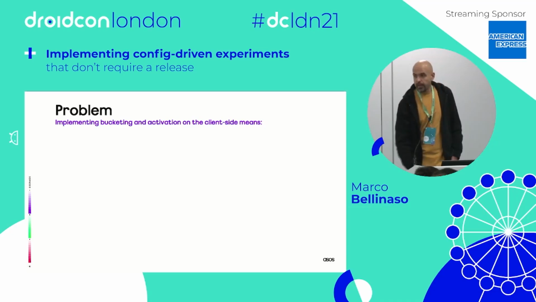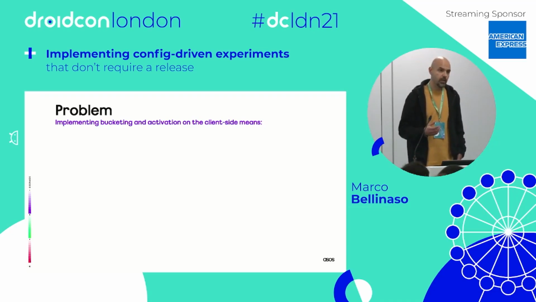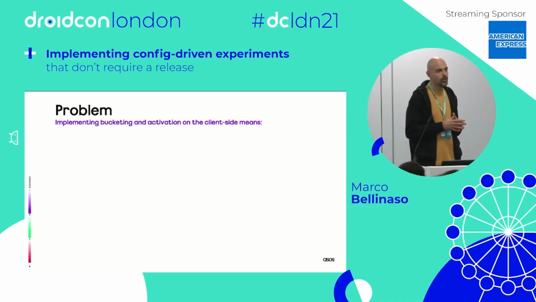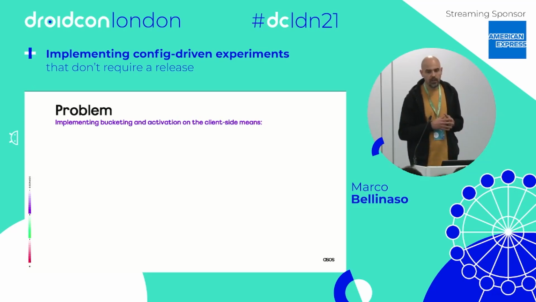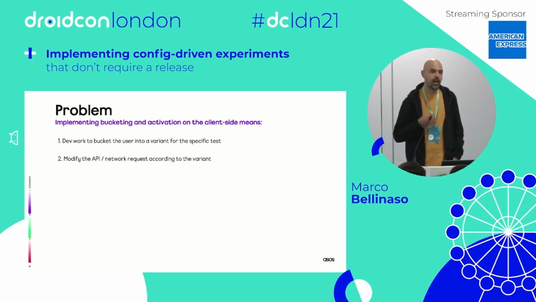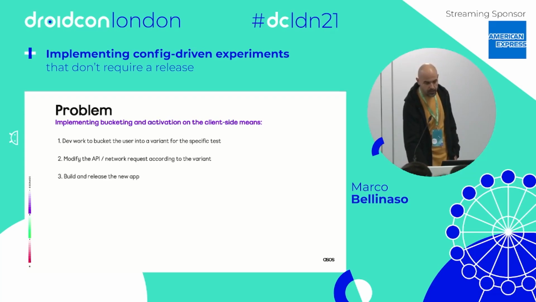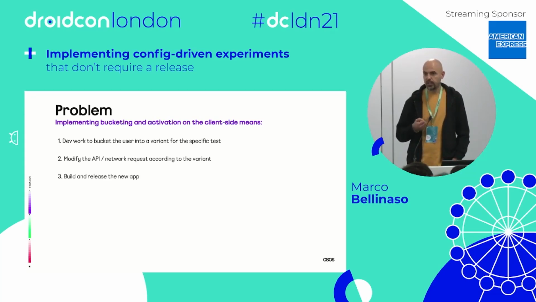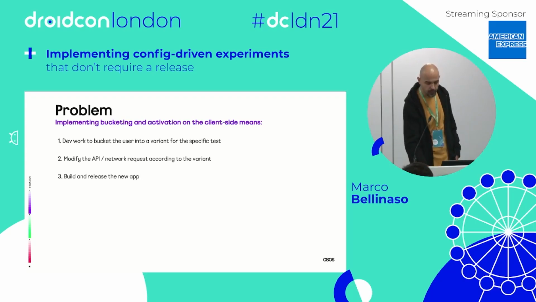So this approach is interesting because we've got to do little work on the client, and most of the work to change the content that the users are going to see is on the back end. However, there is still work to do on the client for every experiment, which is the bucketing logic again, and changing the URL of an API request just before the request is made, and you still have to package the change into a new build, release it, and wait for the users to get it, right?